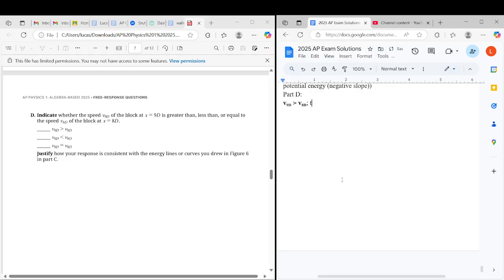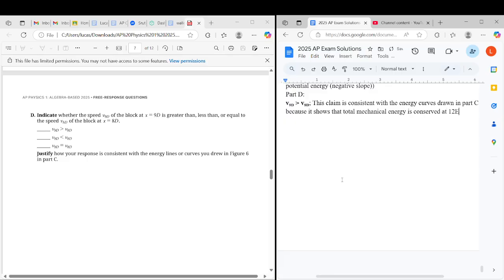This claim is consistent with the energy curves drawn in part C because it shows that total mechanical energy is conserved at 12E0 across all distances.